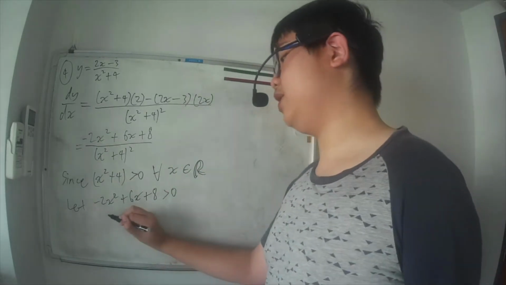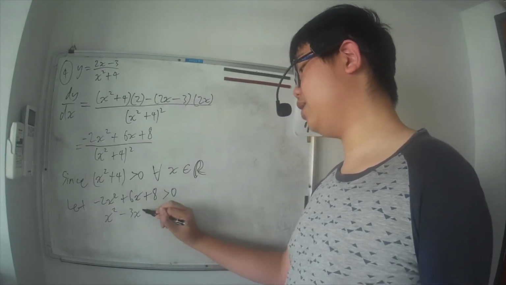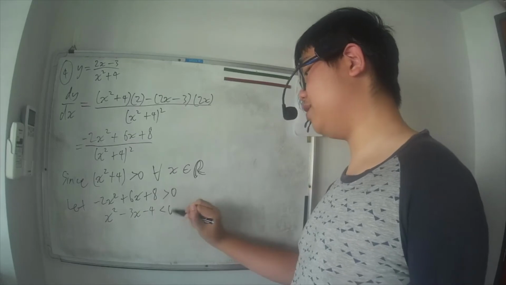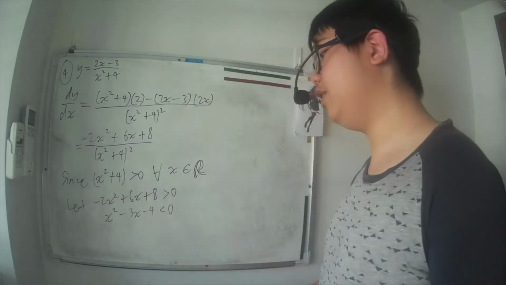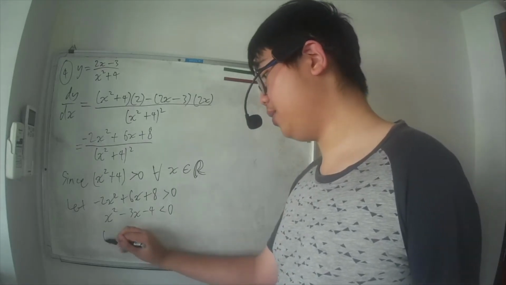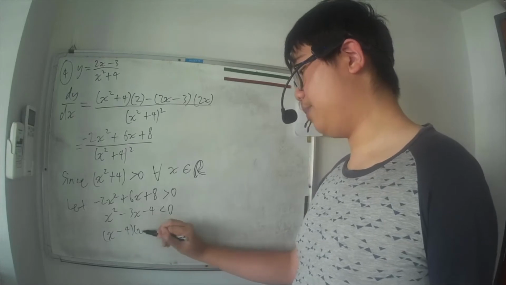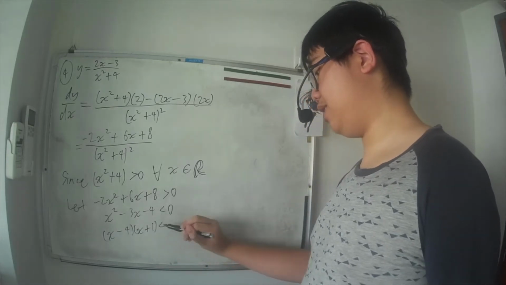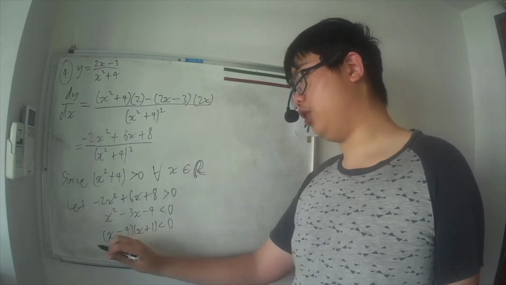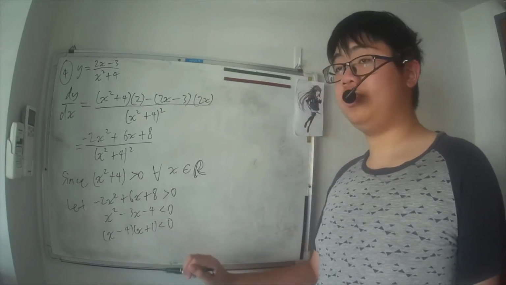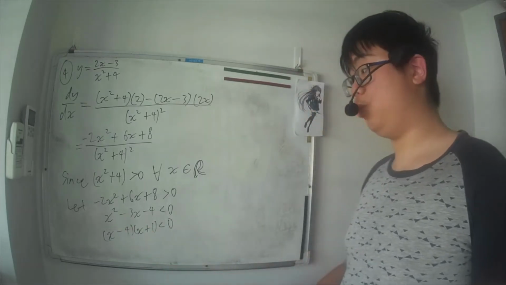So let's simplify this. This is x squared minus 3x minus 4. This is less than 0 because I flipped the inequality because of flipping the negative signs around, and I must factorize this accordingly. This is just going to be x minus 4, x plus 1 is less than 0. And of course, when you have the domain to be less than 0 for this positive polynomial, the range is bounded within a set of real numbers.